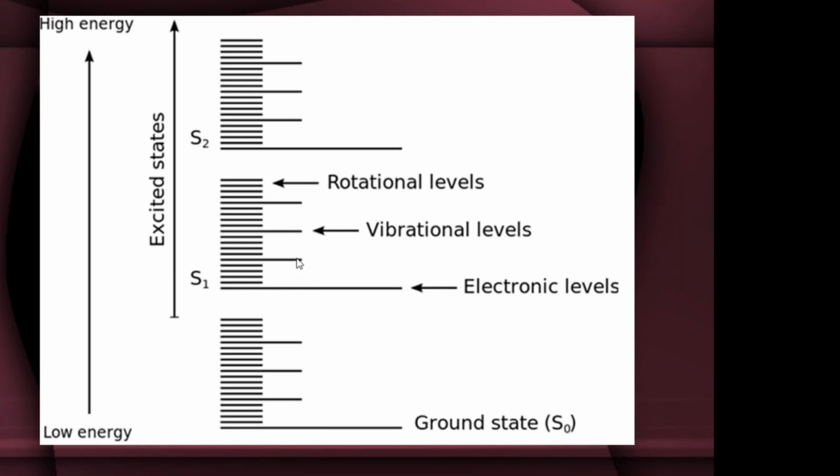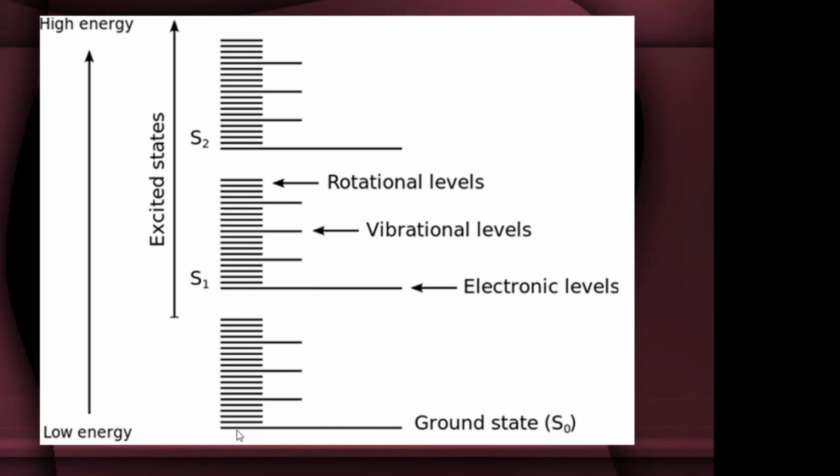This also has a number of vibrational levels of its own, and each vibrational level has a number of rotational levels of its own. So this entire thing is S1, the excited electronic energy level. S2 is a second excited electronic energy level, which also has a number of vibrational levels, and each of them has a number of rotational energy levels.